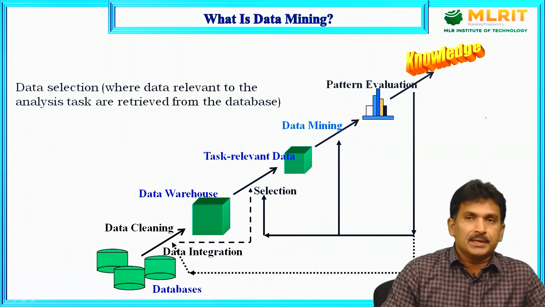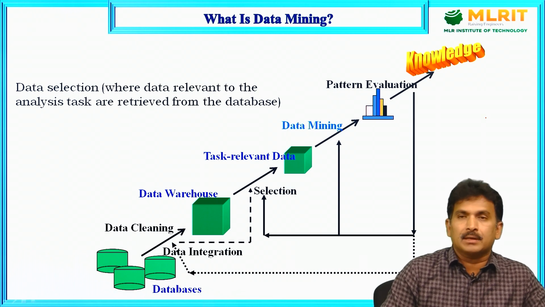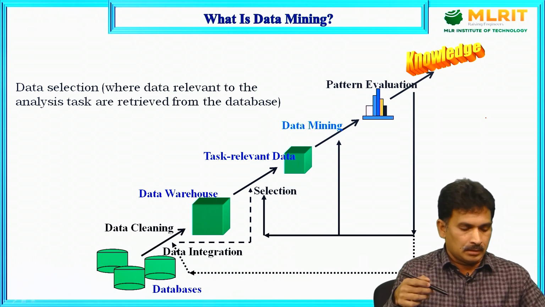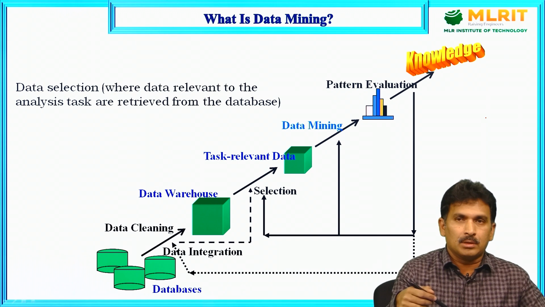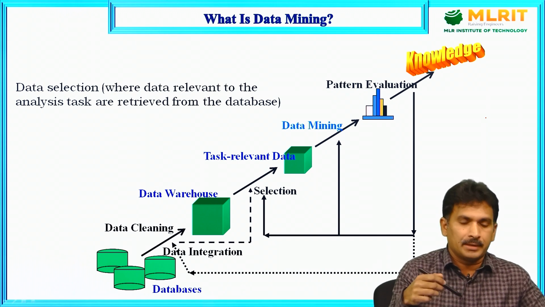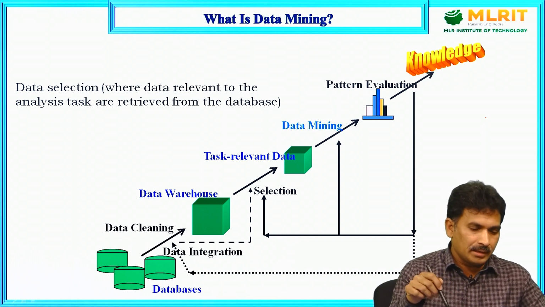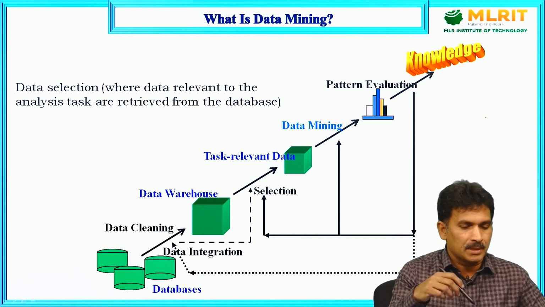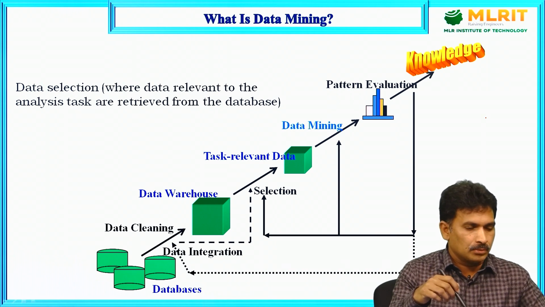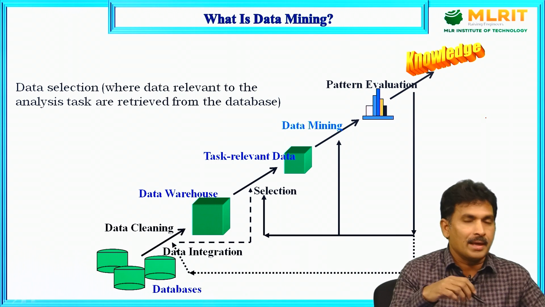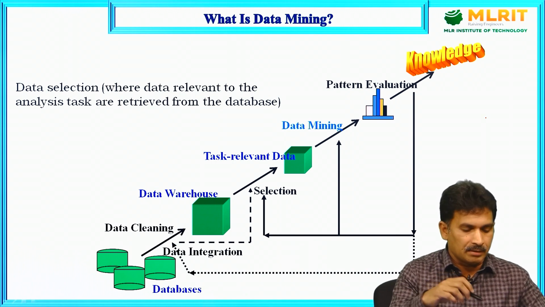And the data selection: all the fields in a table, or whatever data is available in a database, may not be important or of interest. So in that case we have to select the particular data, where the data relevant to the analysis tasks are retrieved from the databases.